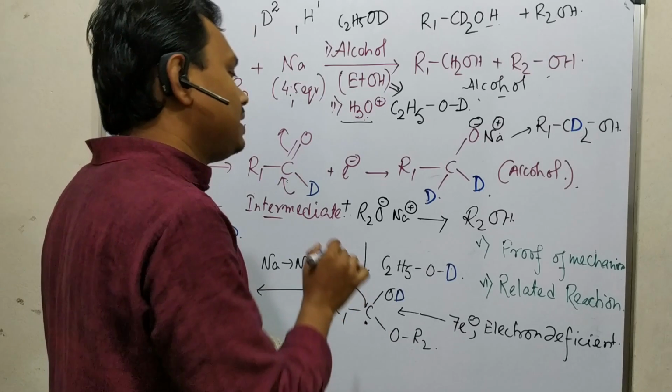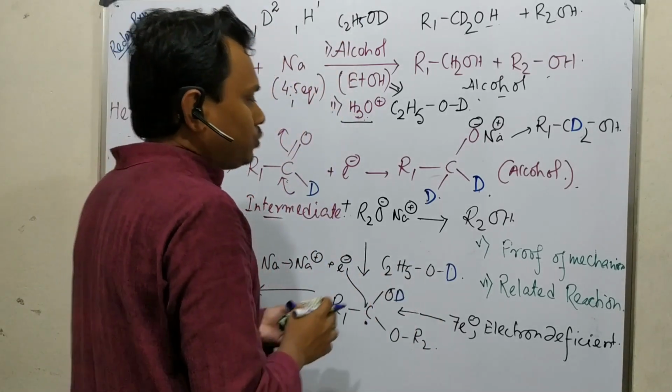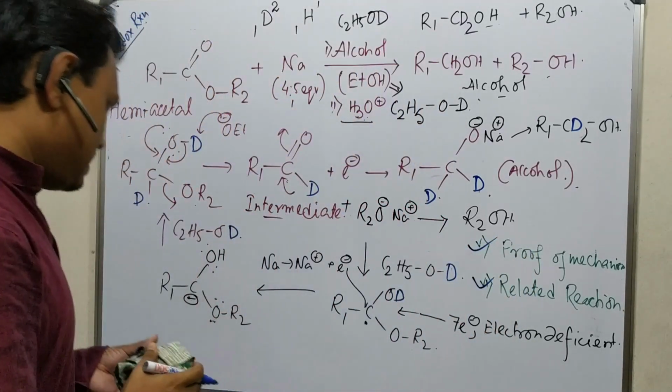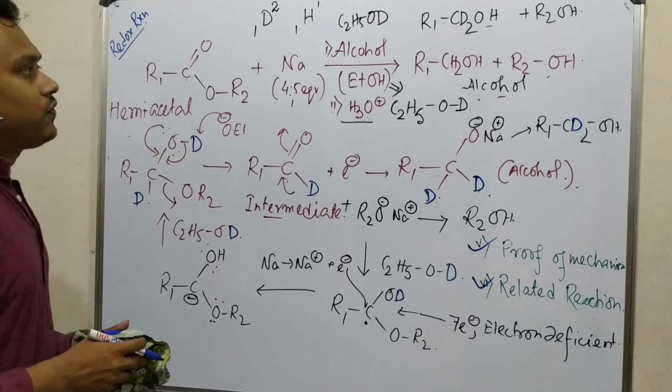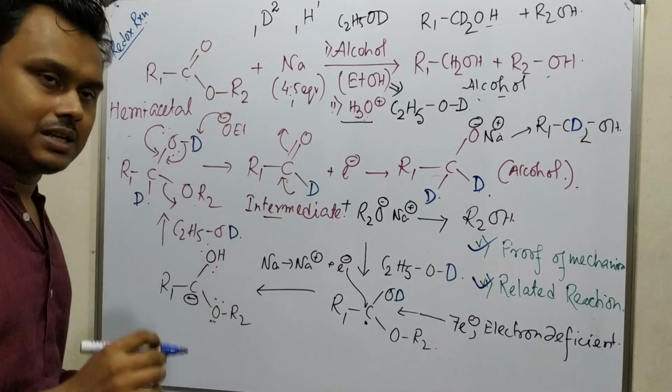I will provide the link of this, so you see. So the proof of mechanism we have discussed. Now a related reaction: there is another type of reaction using sodium alkoxide and ester.